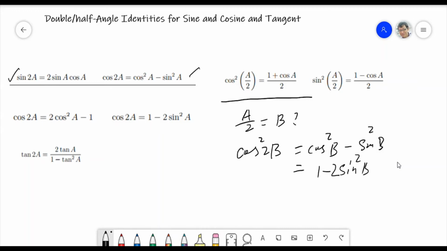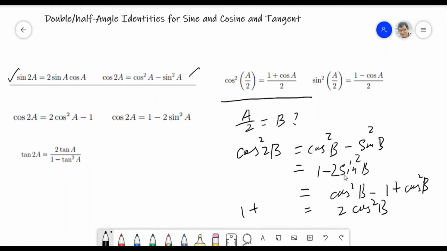Since here we need to get cosine b, we will keep the cosine b and change the other form. Cosine squared b minus, this can be changed to 1 minus cosine squared b, and minus minus becomes plus. So this goes to 2 cosine squared b minus 1, and then 1 can move to the other side.